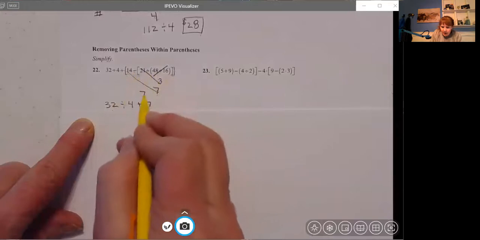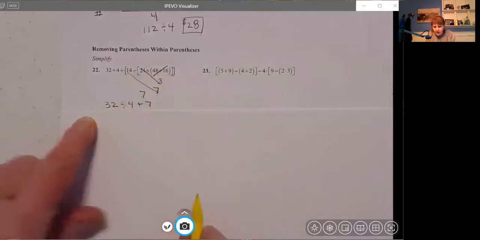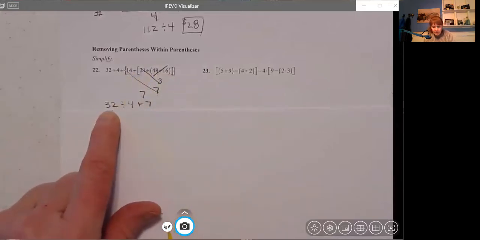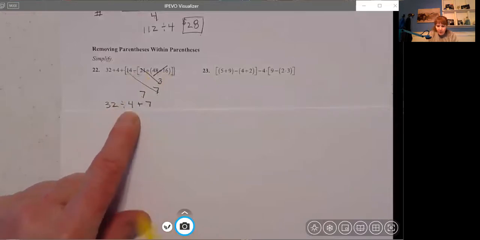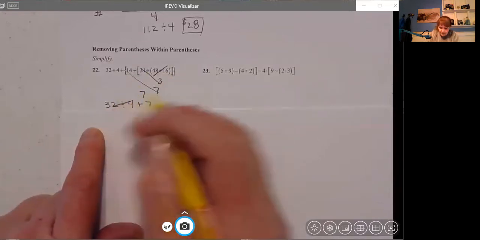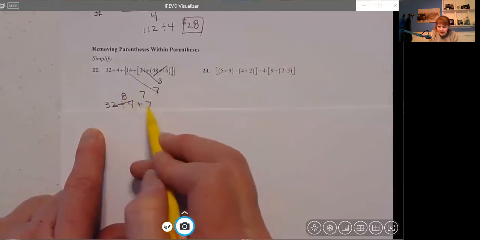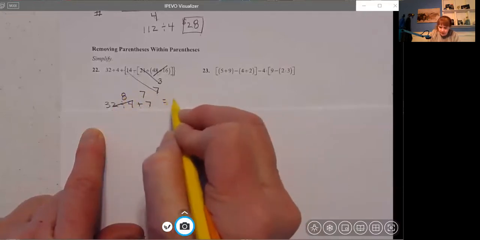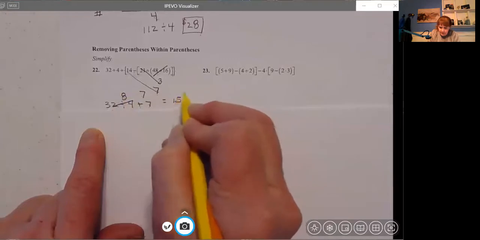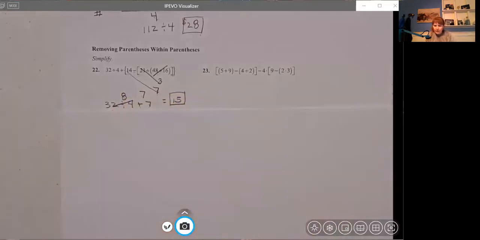Now you'll do your division. 32 divided by 4 is 8. 8 plus 7 gives you your 15. So again, you work from the inside out when you have these multiple brackets.